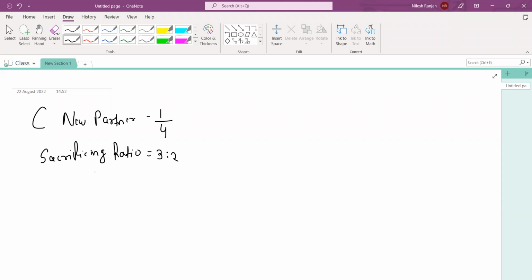Okay, so if we calculate this, we will find 1/4 into 3/5 and 1/4 into 2/5 for A and for B. So in the process of calculating the new ratio, we will calculate the sacrificing ratio also. So it will be 3/15 and 2/15.